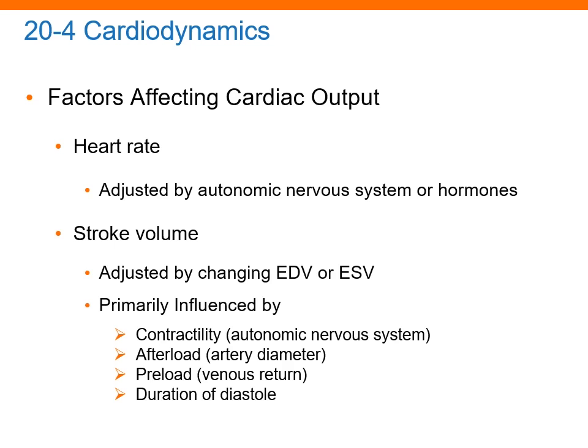The longer it rests, the more it can fill, and the more it fills, the more preload, generally the higher the stroke volume. So heart rate, even though that's a separate factor, will influence stroke volume. So it's not 100% independent. The heart rate and the stroke volume can affect each other, for example.